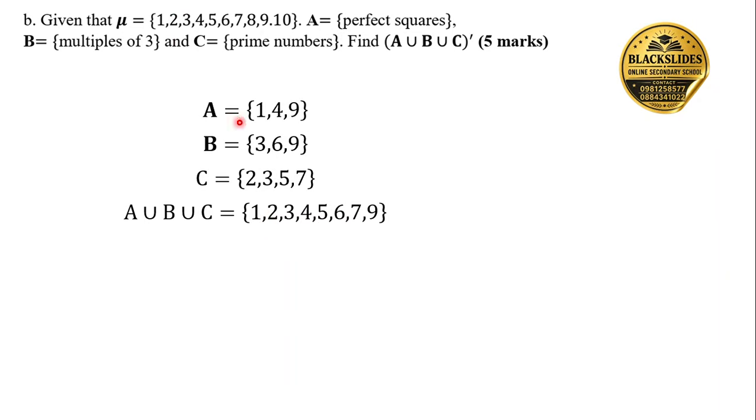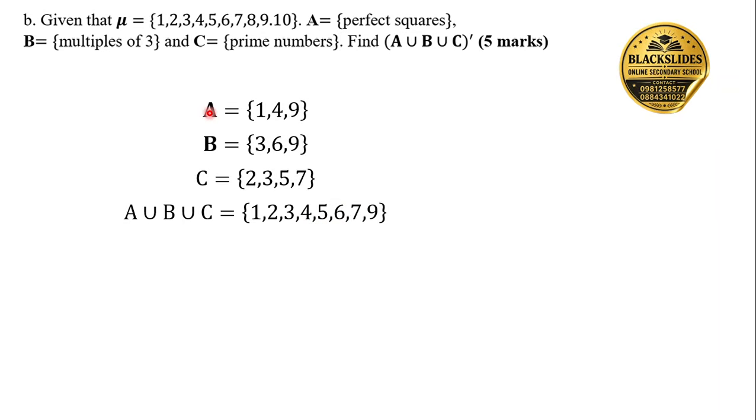So if you compare this set and the universal set, the overall set, you find that there are some elements that are here in the universal set, but not in this union.